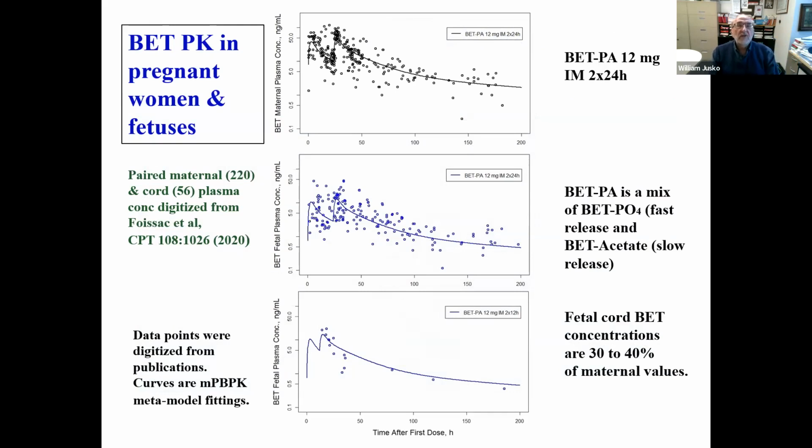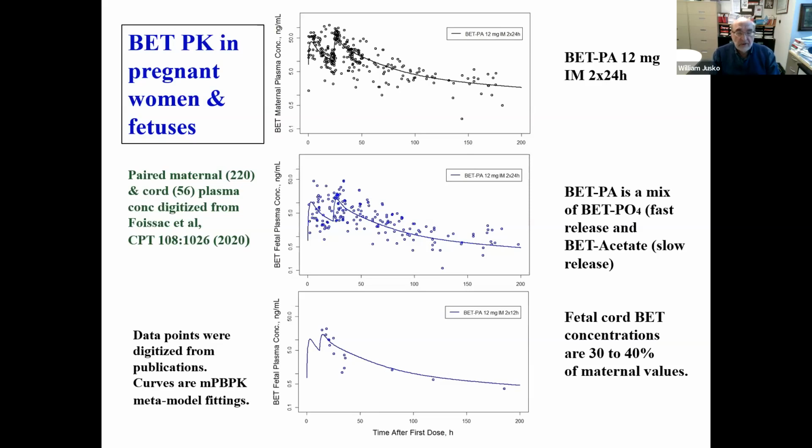And you see 2 doses were given, the plasma concentration in the mother on top, and the plasma concentration at birth in the fetus in the middle. So the beta PA is the mix of the fast release phosphate, slow release acetate. So you see the terminal phase having a long sort of half-life. It persists a long time in the body.